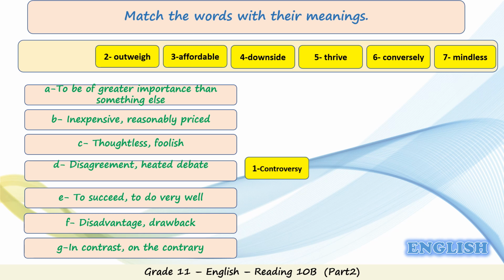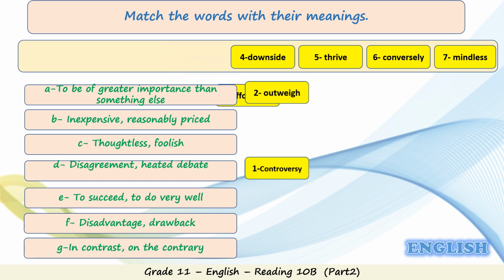A controversy, it's called. 2, outweigh. It means, yes, A, to be of greater importance than something else. 3, affordable means B, inexpensive and reasonably priced.